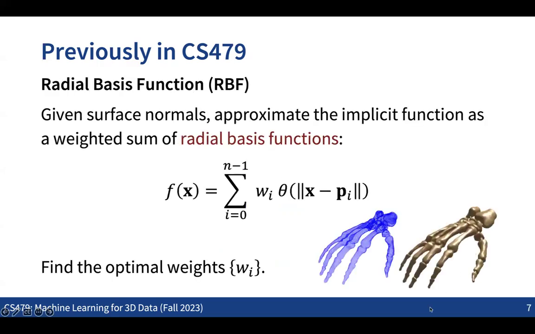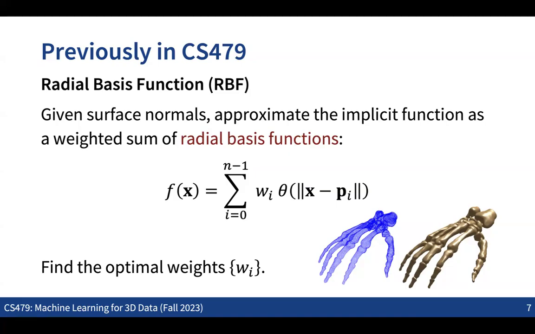The other technique that we also discussed last time is this: when the surface normal information is given, either estimated using the moving least squares or obtained some other way, then using this extra information we could consider approximating the entire shape by an implicit function, which is obtained by solving some kind of global optimization.